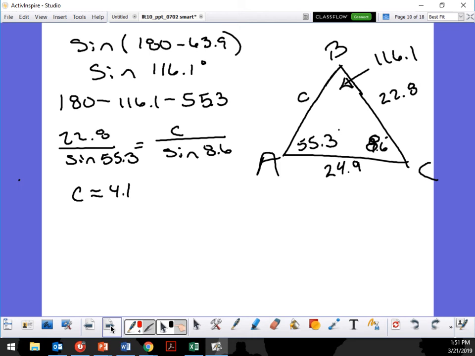There are cases in which this one doesn't work out. After I do this, it comes up to a number that would mean this would be a negative. When you do 180 minus this and minus this, it's going to give you a negative number for this. That means the second one would not work.